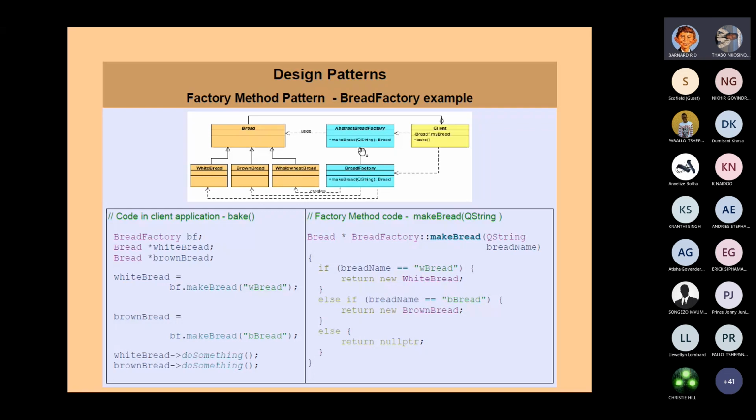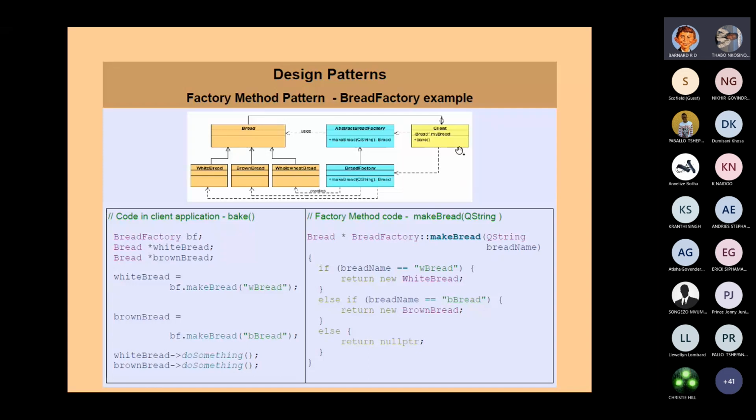This one does show an abstract factory class, but you don't actually need that because there's no purpose in having inheritance with a one-to-one relationship. So you can actually leave out that abstract bread factory and just go straight to your bread factory. And that returns pointers to each of these concrete products, depending on which one is required.